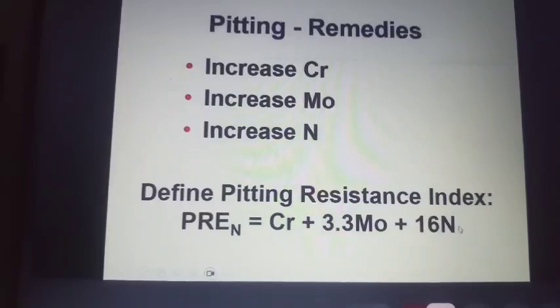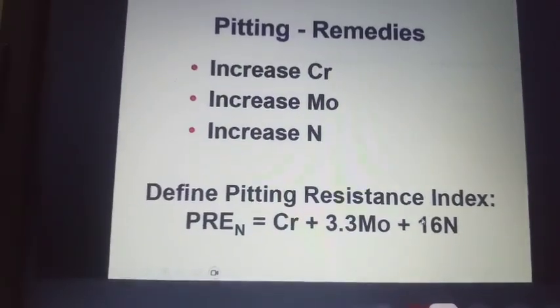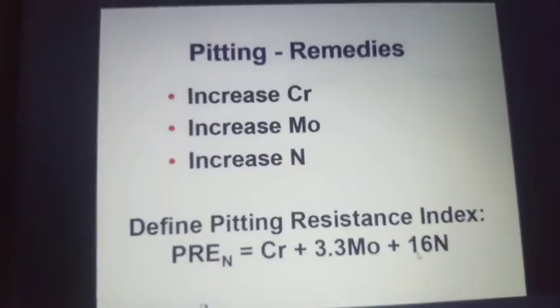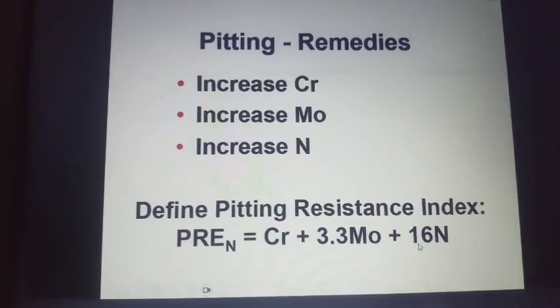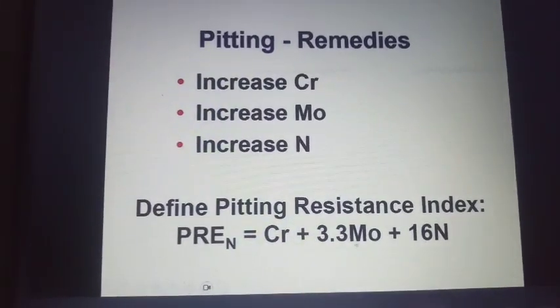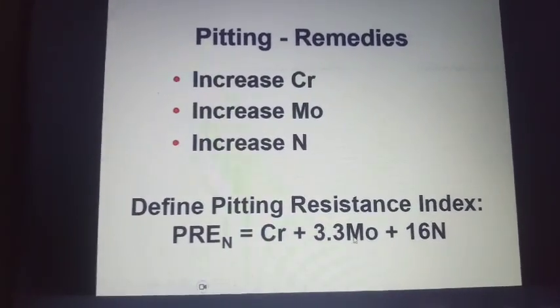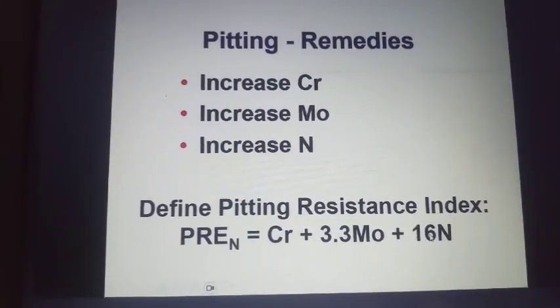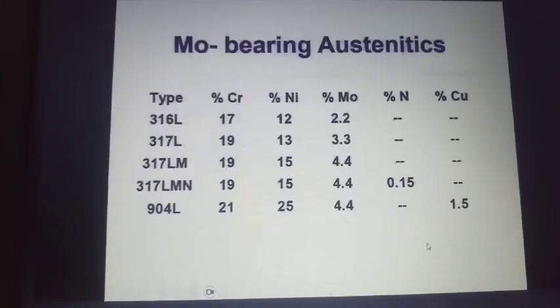And then if you have nitrogen, it is multiplied by 16 times. That means nitrogen contributes very much to giving resistance to pitting corrosion. So you can add moly or nitrogen even at a minimum level, and that will give maximum resistance to pitting.